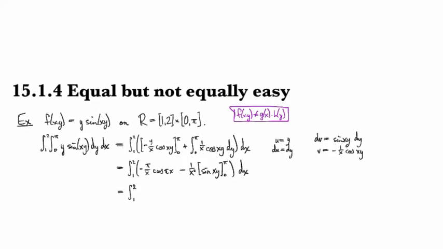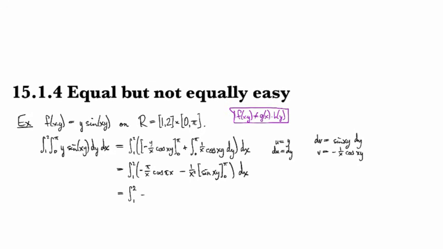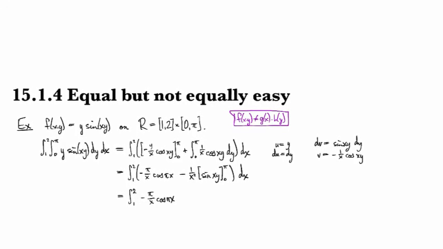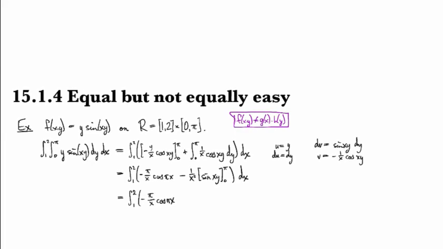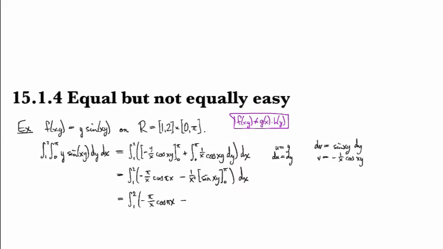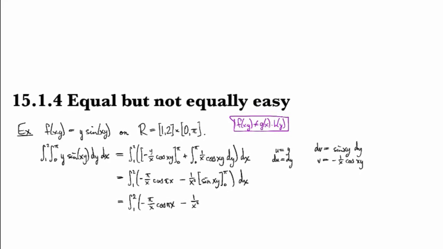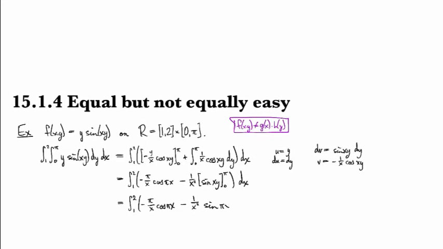That simplifies to the integral from 1 to 2. We still have the same first part, but now we can evaluate the second, and we have minus 1 over x squared sine pi x.